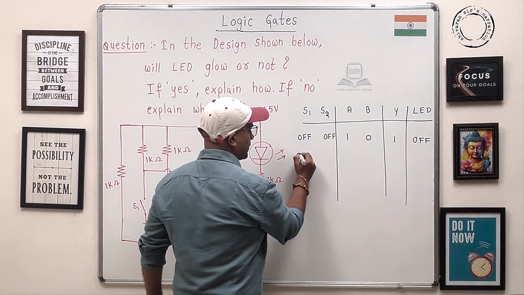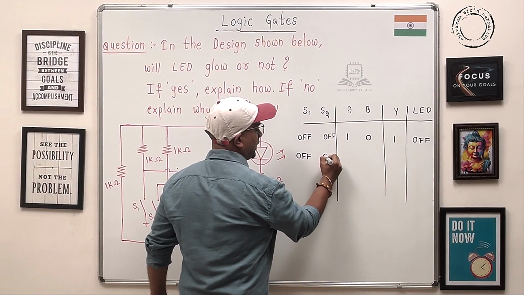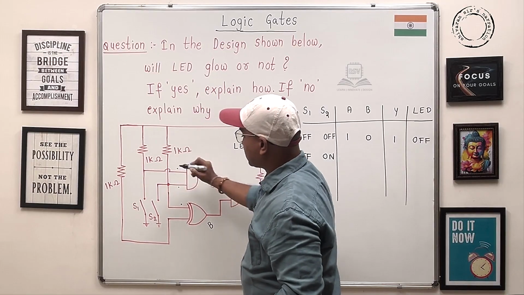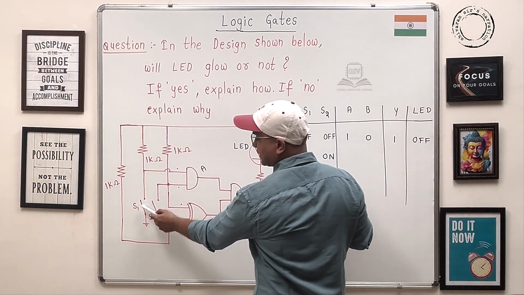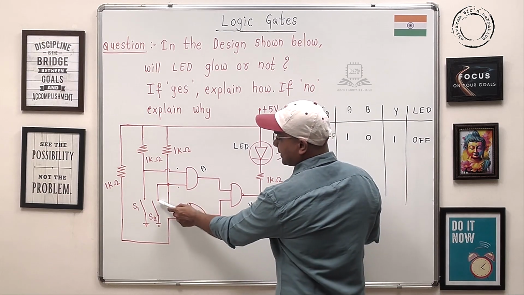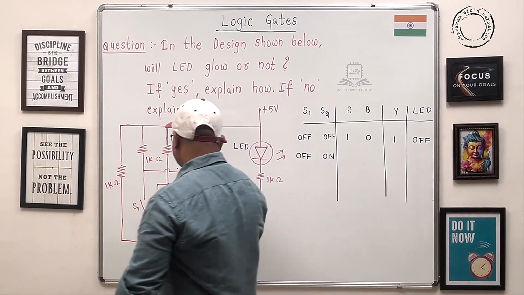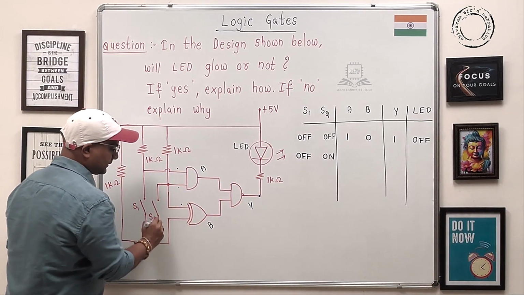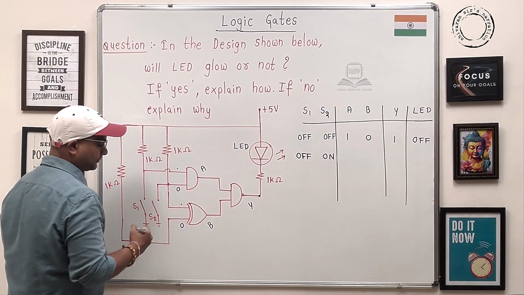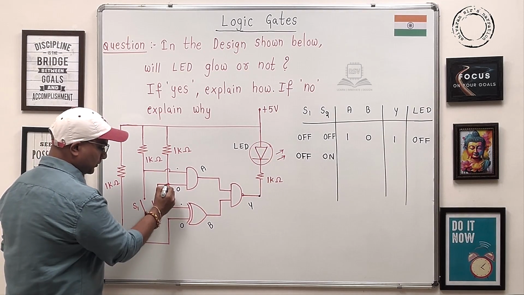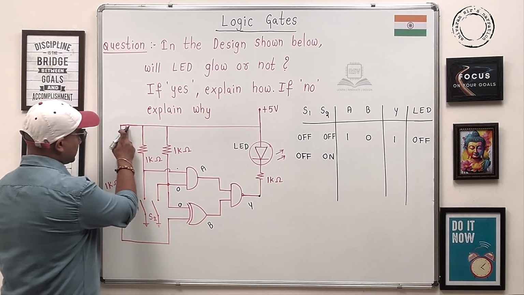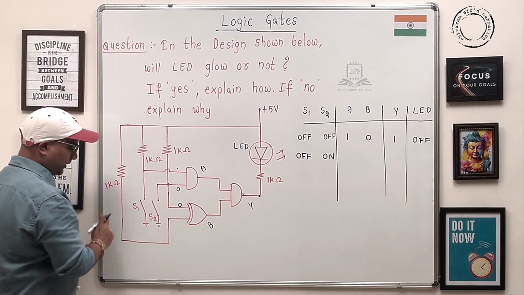Similarly, let's take off, on. If S1 is off and S2 is on, here you will get 5 volts on one side. Guys, if S2 is on, it is a short circuit, so definitely this will be 0. Yes, so the same 0 here, and this one is permanently 1 only.